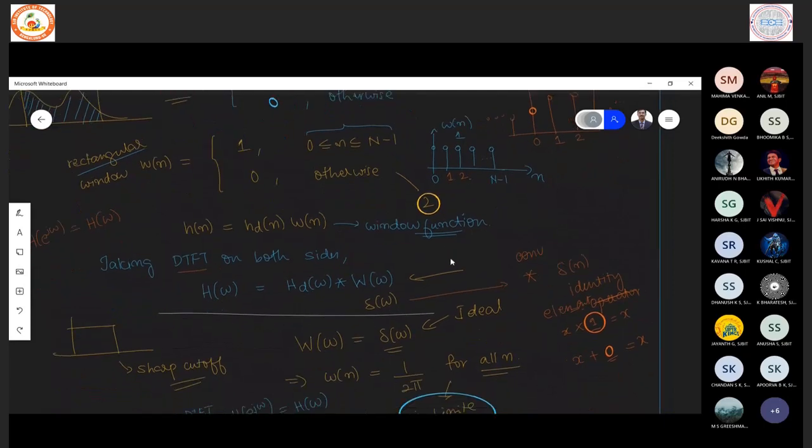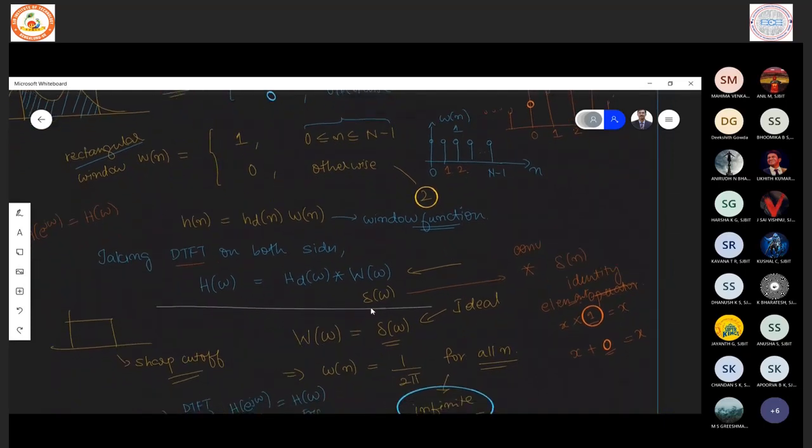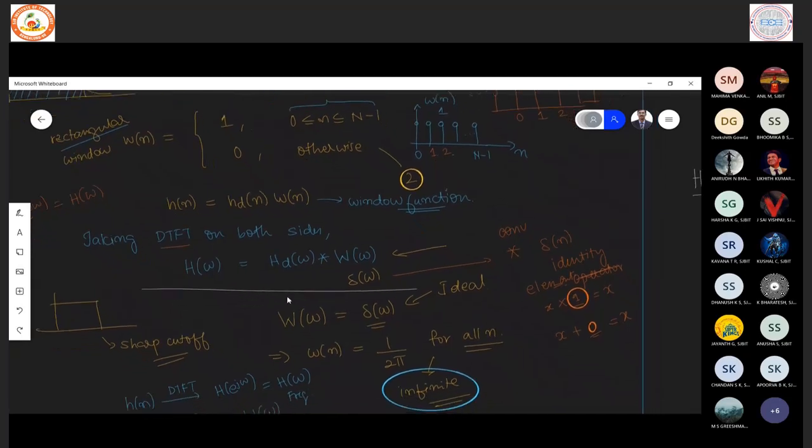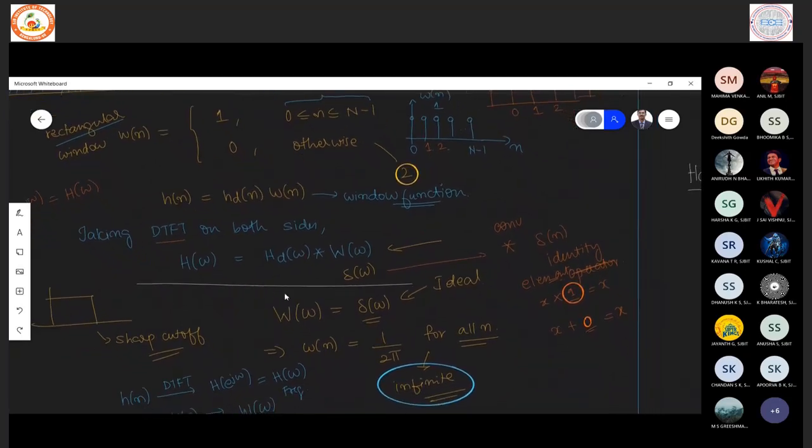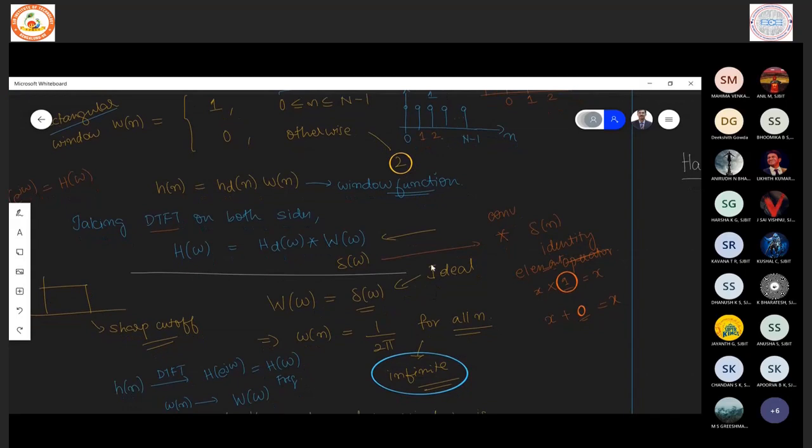Next we consider what is called delta of omega. What is delta of omega? Delta of omega is said to be the ideal filter.